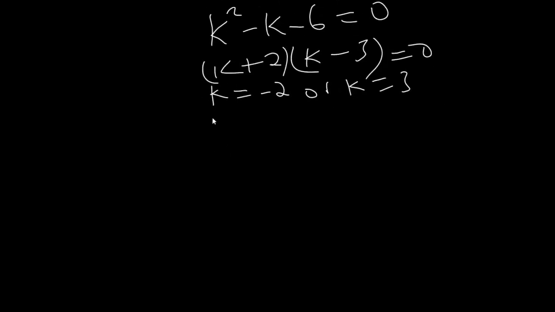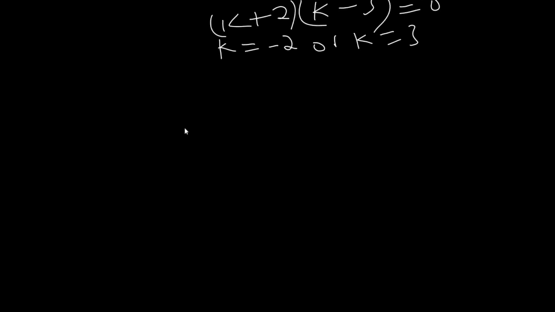So where there is k, we sub the original, that was x to the 1 over 3 is equal to negative 2, or x to the 1 over 3 is equal to 3.